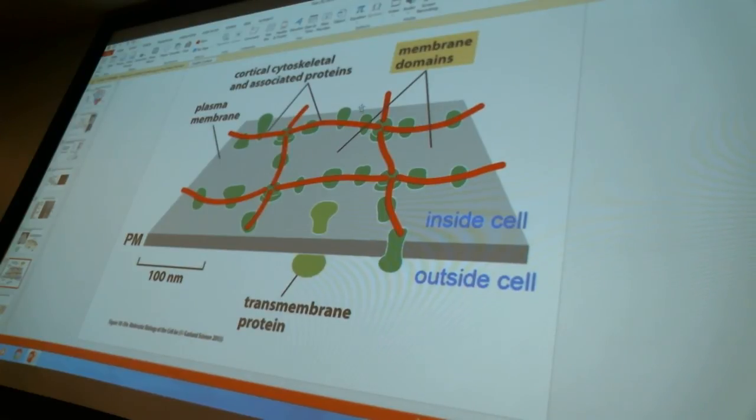This cortical lattice really helps to retain a particular transmembrane protein in place. So although the membrane itself is very fluid and transmembrane proteins are floating back and forth, they are retained within this cage.